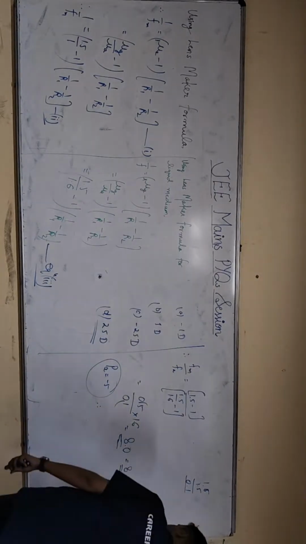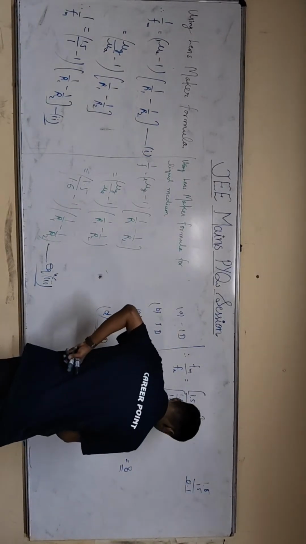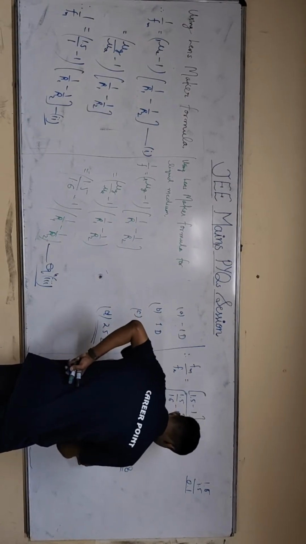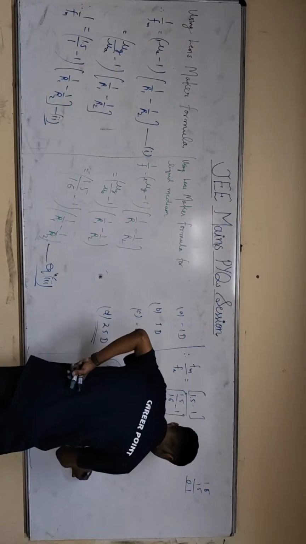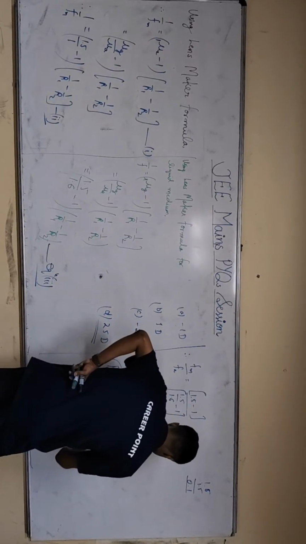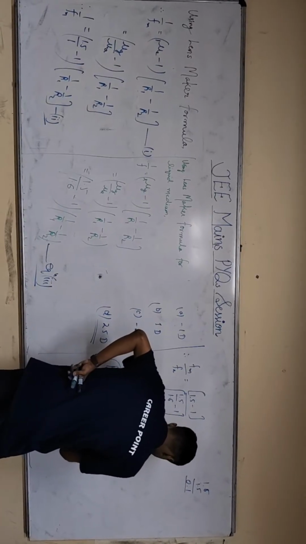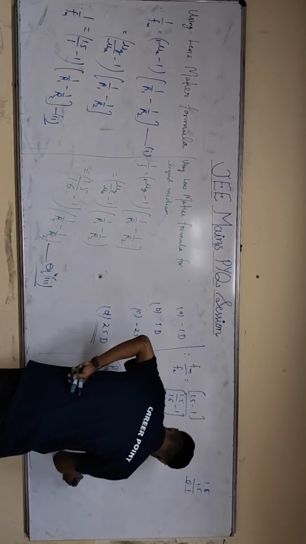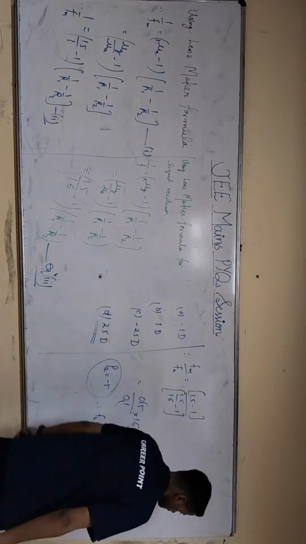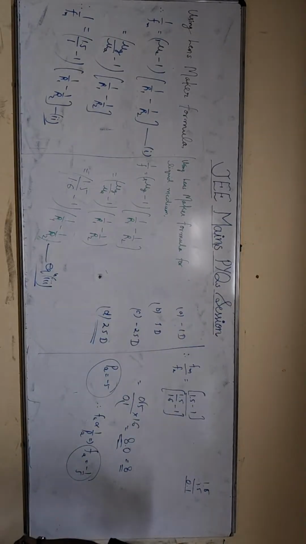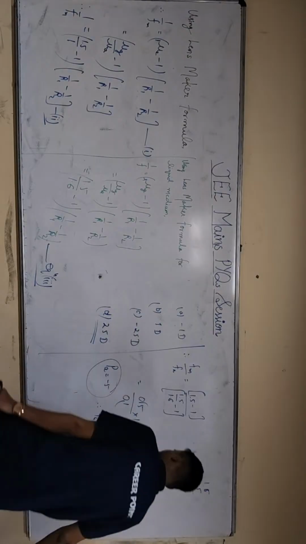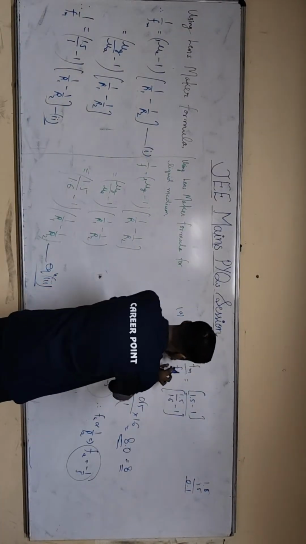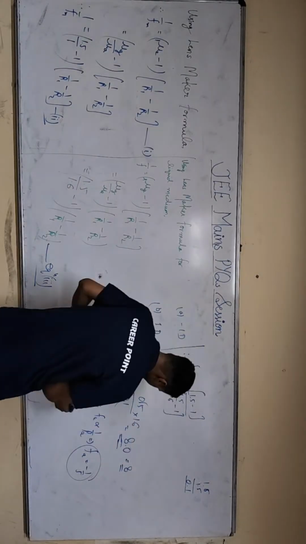Focal length becomes 1 upon power. Similarly, f medium is f air into 8.